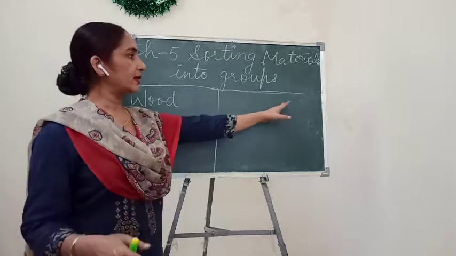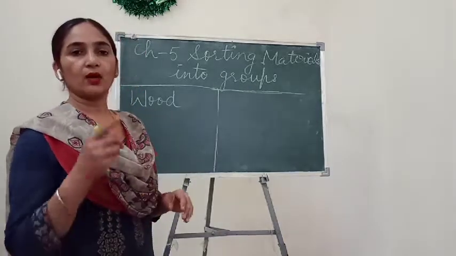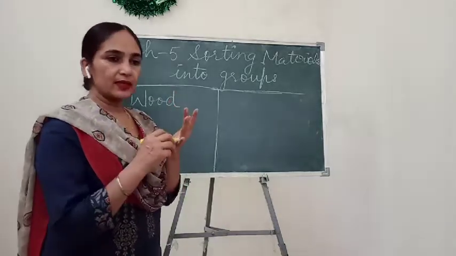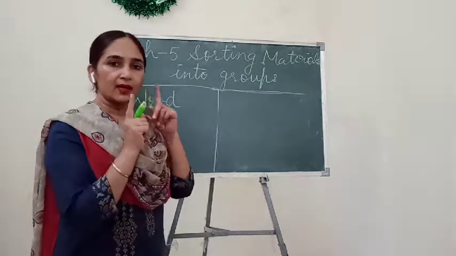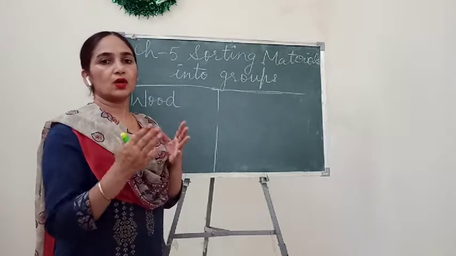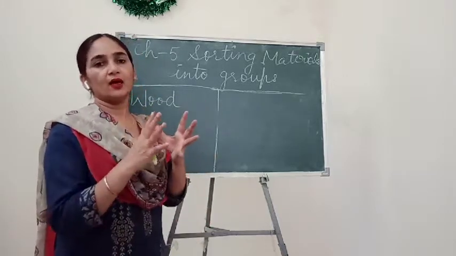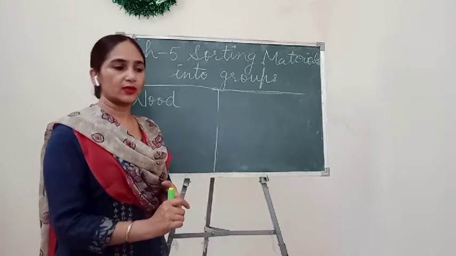We can write here the objects that we make from a single material. So children, from a single material we can make many things, or a single object can be made by the use of many materials also. So both ways we can study those materials and objects. Okay children.